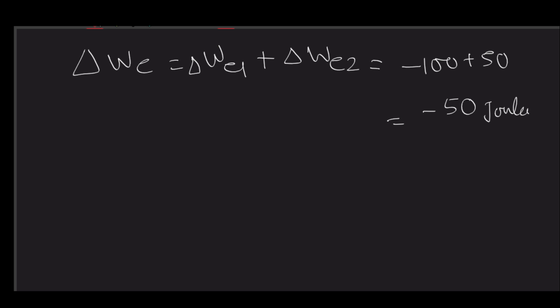So the total energy supplied by the electrical source is minus 50 joule, and in the mechanical part it is minus 25 joule. So what is the amount of energy stored there?